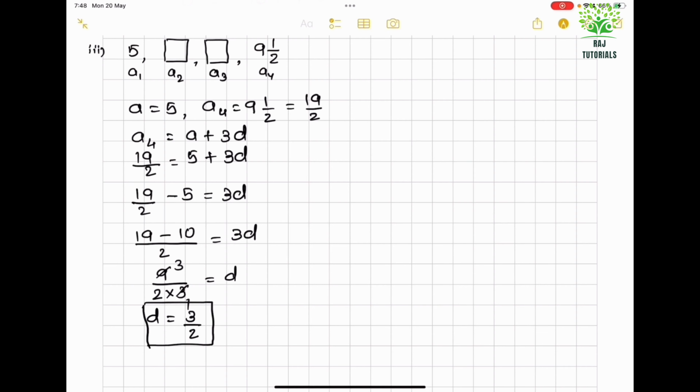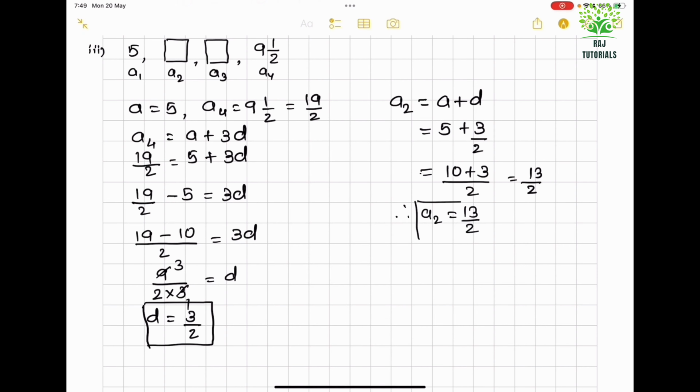Now I got D, I know A, so I can find A2. A2 will be equal to A plus D. So 5 plus 3 by 2. So 10 plus 3 by 2. 13 by 2. So therefore A2 equal to 13 by 2.